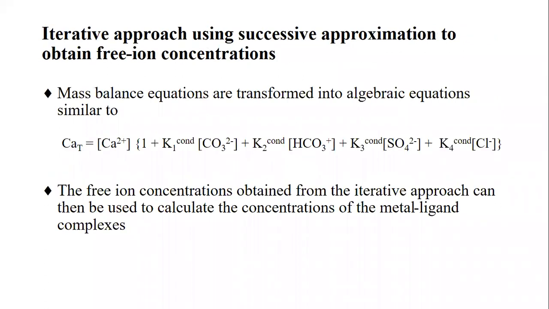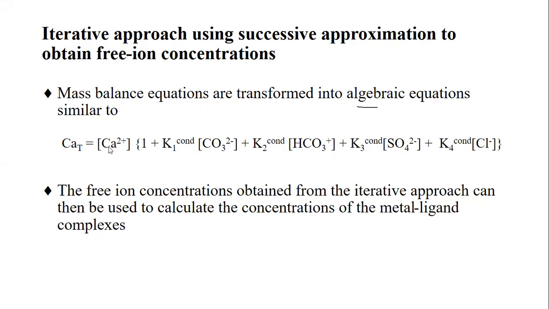And so that's what they call the iterative, or trial and error, or repetitive approximations. It has many different names. Successive approximations: you keep doing it, and then you put the mass balance equations into an algebraic form. That's what the computers do. Ca total from the lab, this value we know.